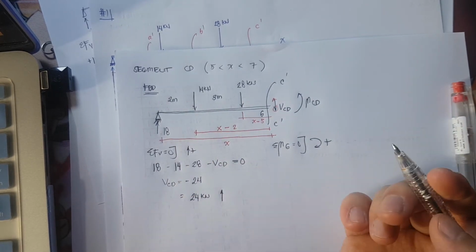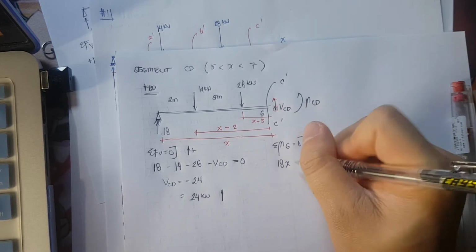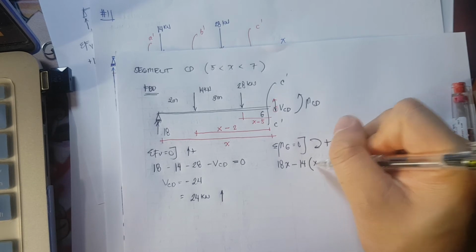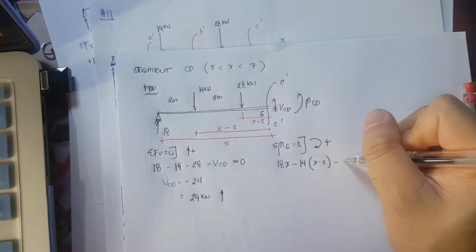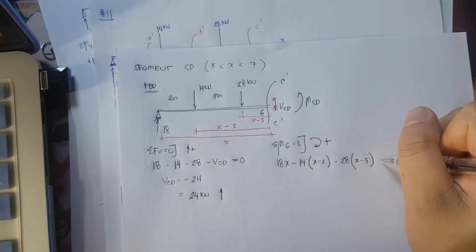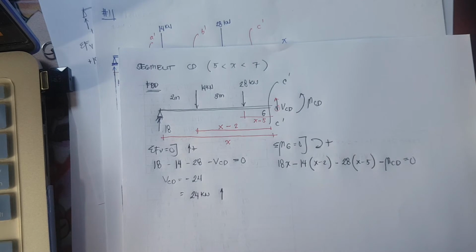So we have 18 times x minus 14 times x minus 2 minus 28 times x minus 5 minus moment CD is equivalent to 0.